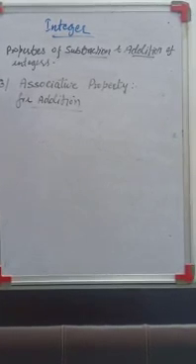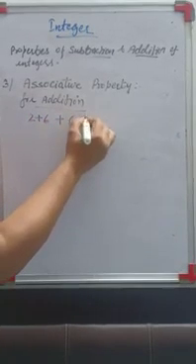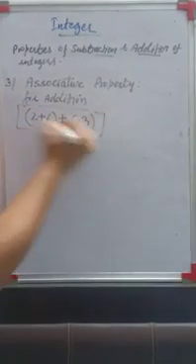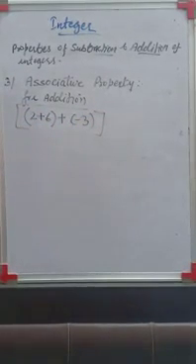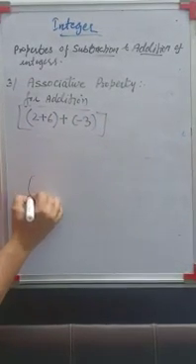For example, if I am taking 2 plus 6 plus minus 3 and I am putting 2 plus 6 in a bracket. First grouping is there, right? The bracket is over here.